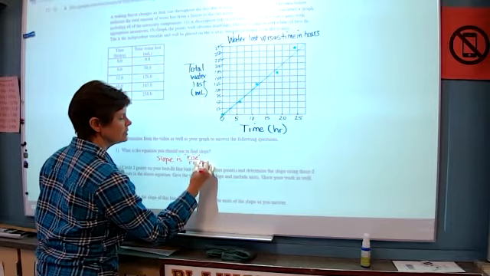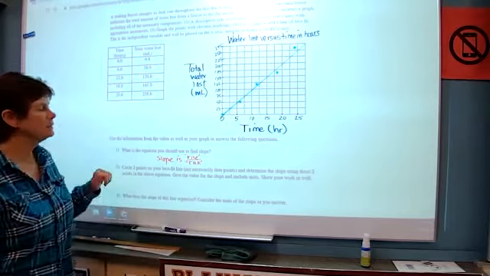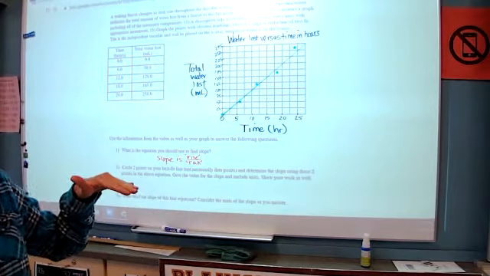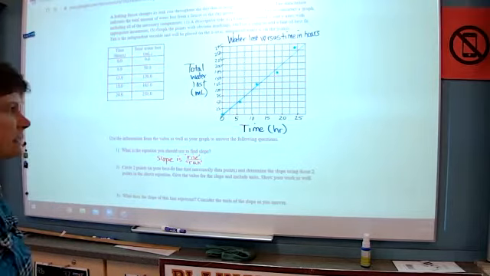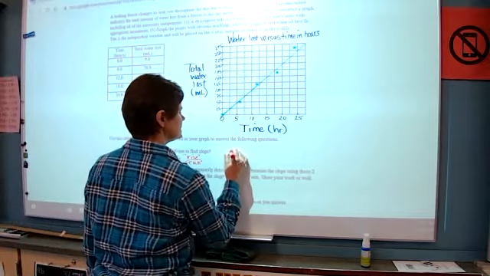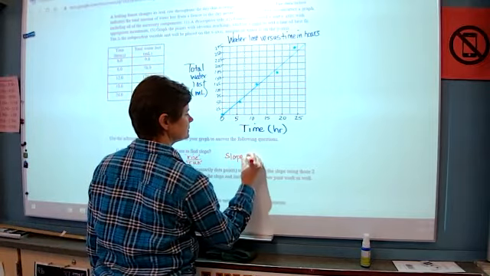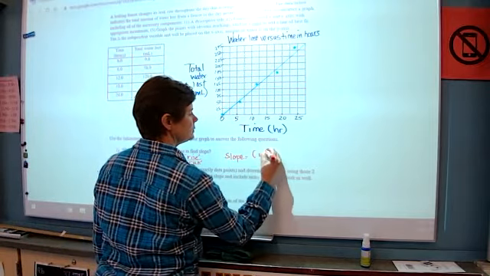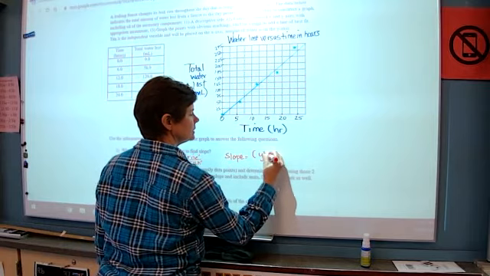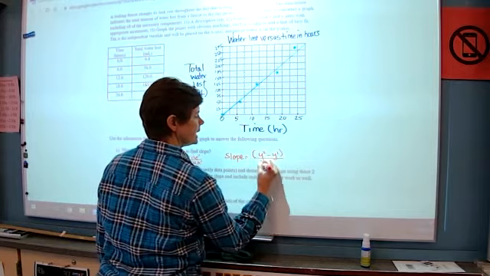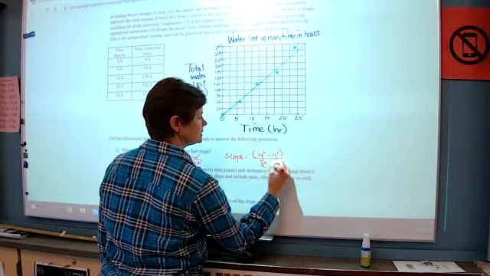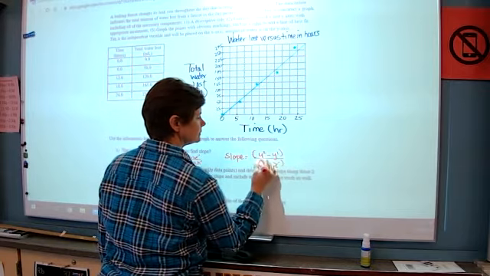So the equation is going to be our change in y, that's our rise, divided by the change in x. So the equation is that the slope equals whatever point we have, y2 minus y1, divided by the x value, x2 minus x1.